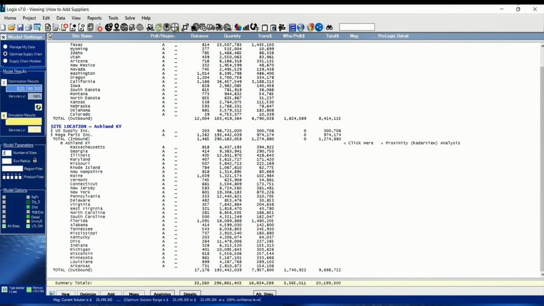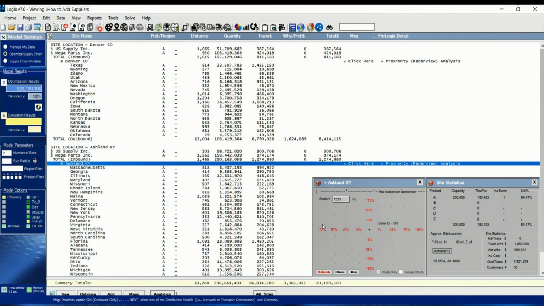Now again, you have similar capabilities to optimize proximity, either by clicking on our proximity radar. And let's reduce this to about a scale of 400. And again, we can see that the exact optimum is close to Ashland, Kentucky, but really about 83 miles northeast of Ashland, Kentucky, near Dexter City, Ohio, in this particular case, with a little bit of a reduction in cost, about 1%.